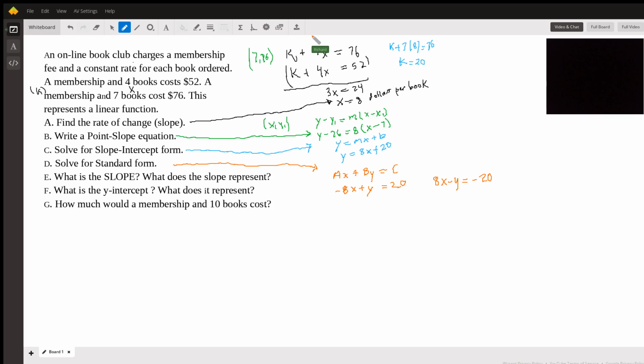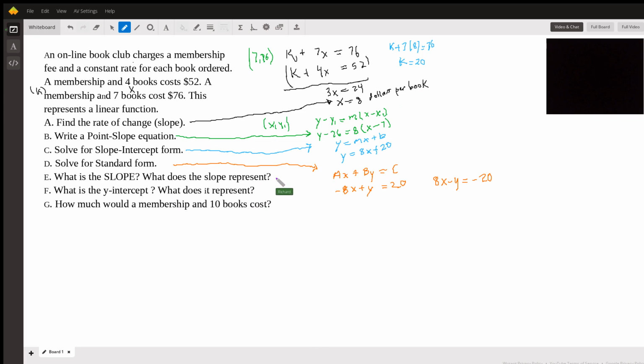Okay, so now it's just a question of writing some words here to answer these other parts. Let's see, we'll go to another color, say purple. What does the slope represent? Well, we already answered that up top here. That's the dollars per book.